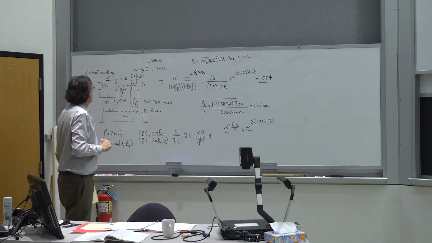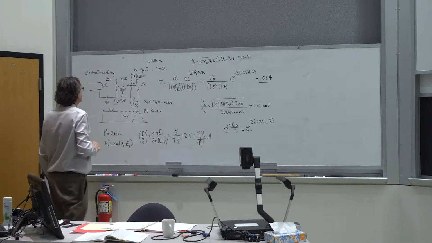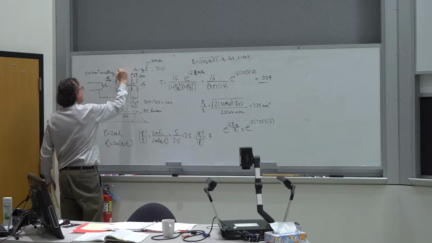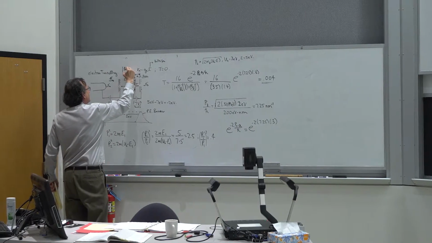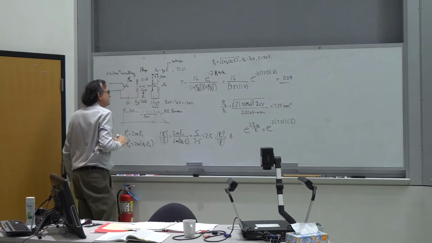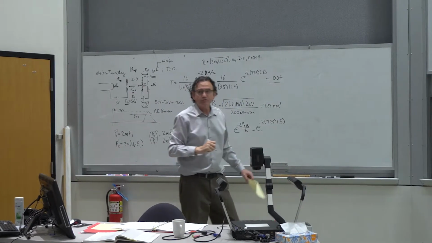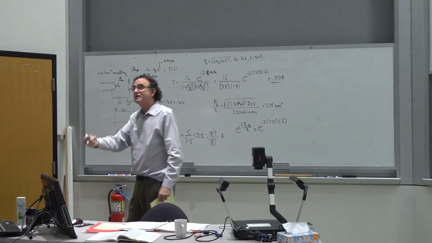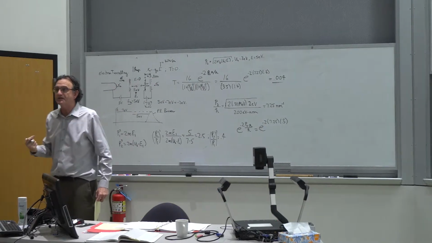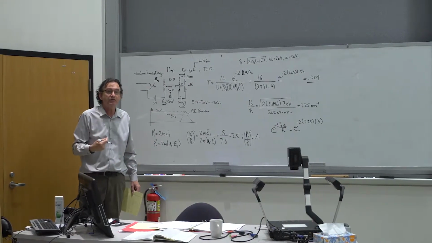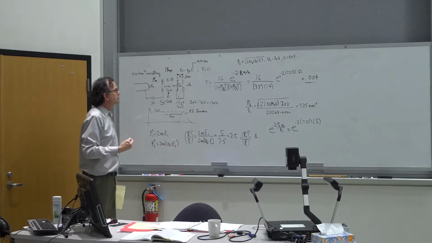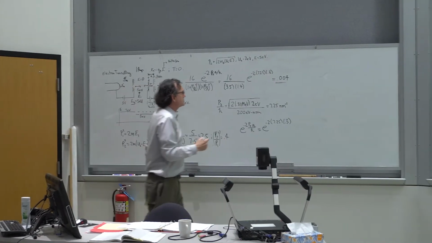In other words, for whatever current I have here, let's suppose that I have 1 amp of electron current coming into the barrier, then there will be 4 milliamps that get through. And the rest of them will get turned around in the classical sense because they don't have enough energy to make it across. Okay? So the transmission is 0.004.